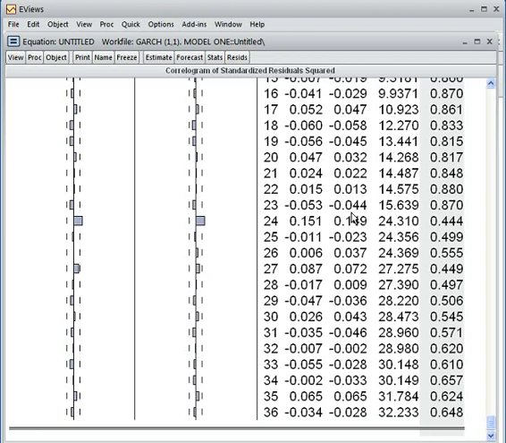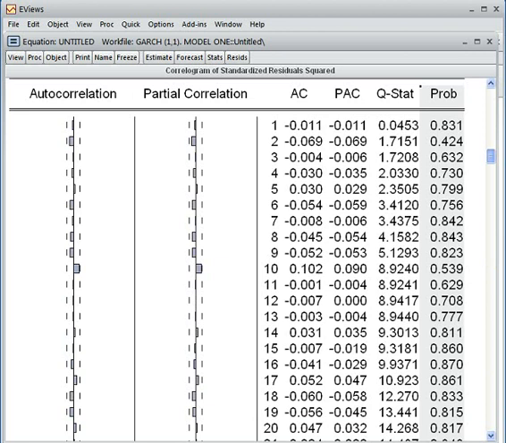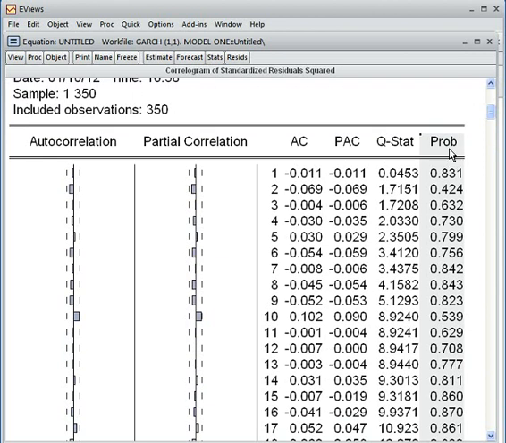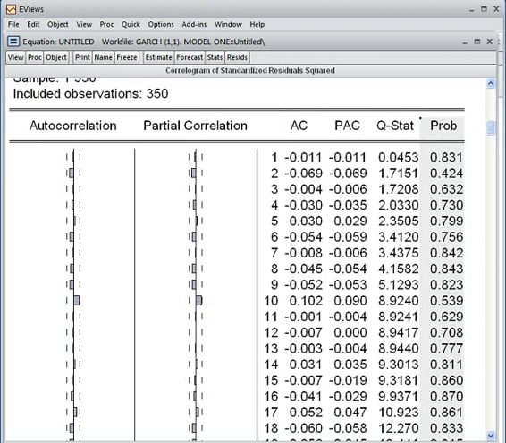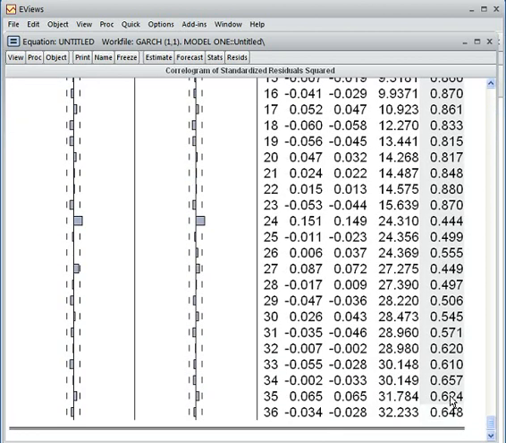But here, what are our p-values? You can see all the p-values are more than 5%.